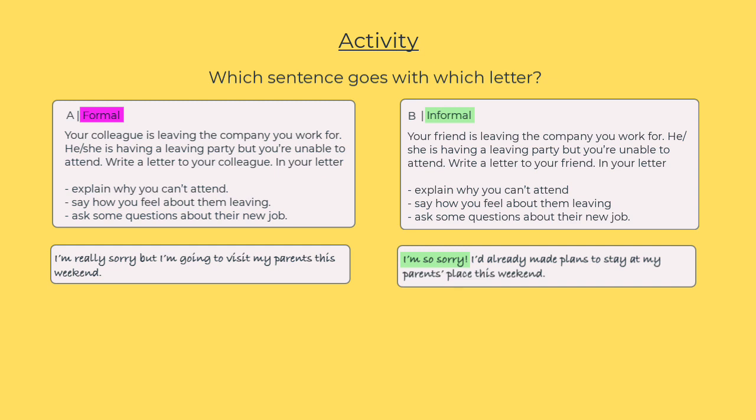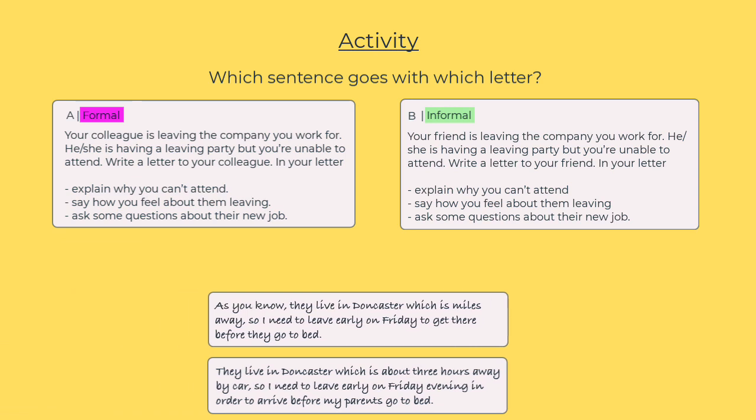But in a formal letter, you should say instead, I'm very sorry, I'm really sorry, or I'm extremely sorry. The exclamation mark is also common in informal writing to add emphasis. To be safe, you shouldn't use it in a formal letter. And lastly, my parents' place is more informal than my parents' house.